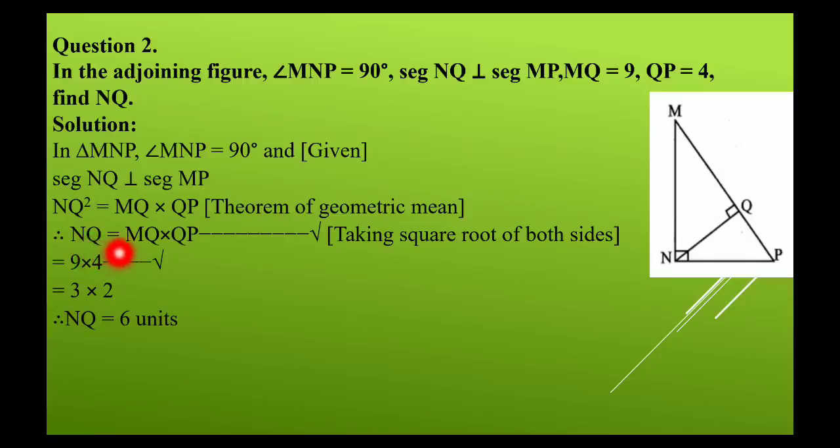MQ value is 9, QP value is 4. You have to put the values and take the square root on both sides. The square root of 9 is 3 and the square root of 4 is 2. So NQ value is 6 units.